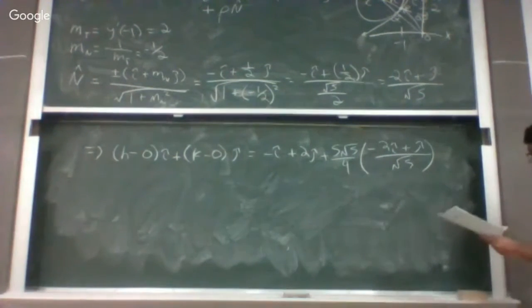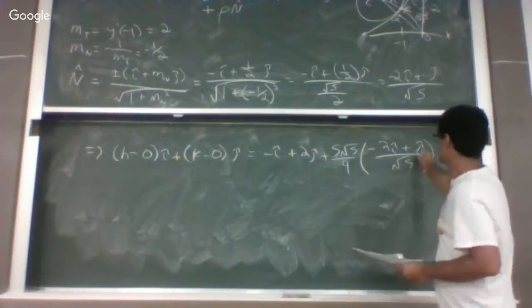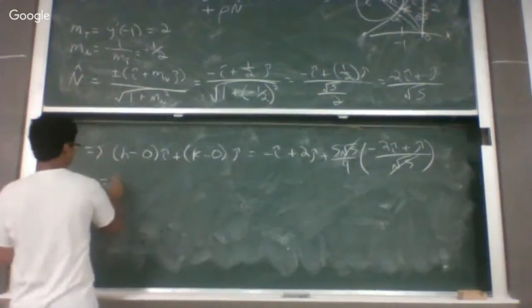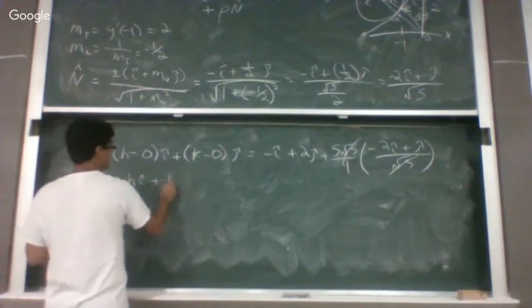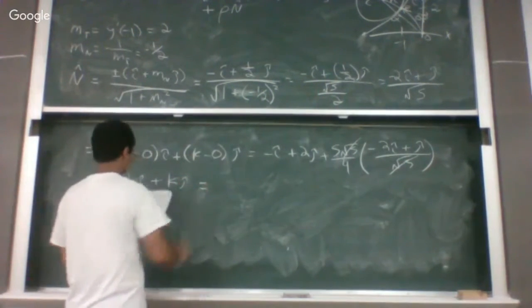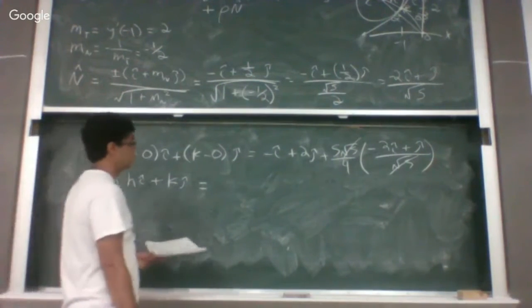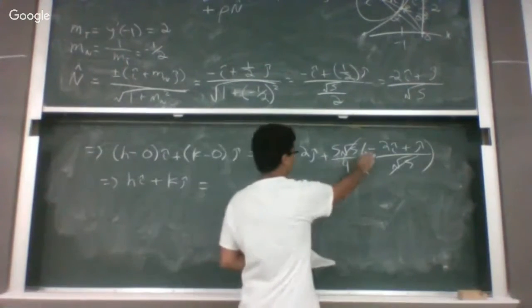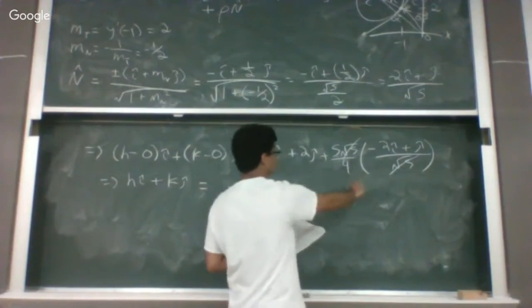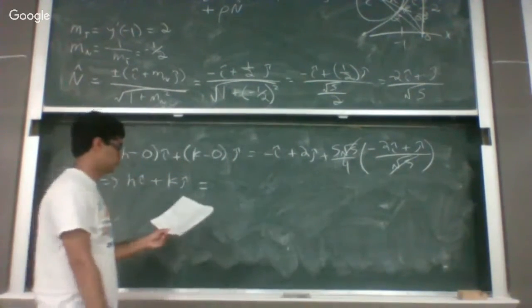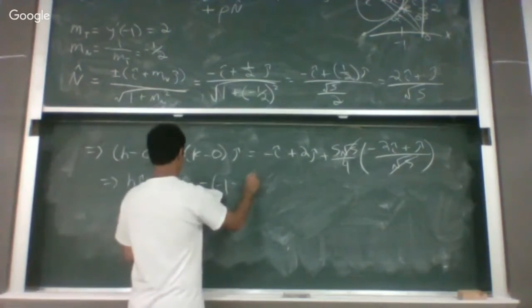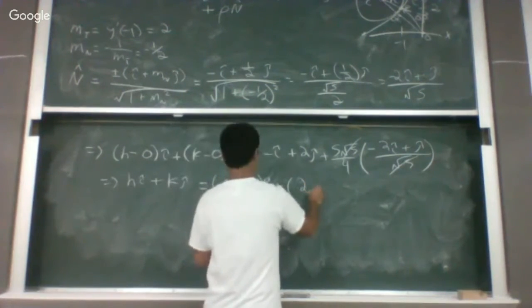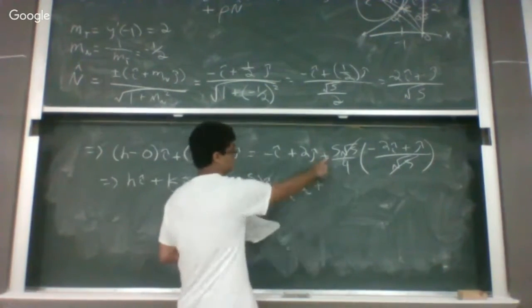Okay? So we can simplify this. The square root of 5's go away. So therefore, hi plus kj is equal to -1 from here minus 10 over 4 or 5 halves, plus 2 plus 5 over 4.